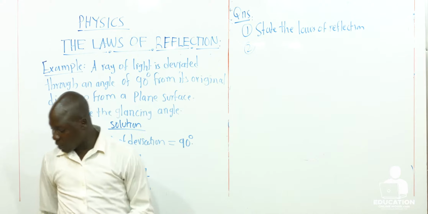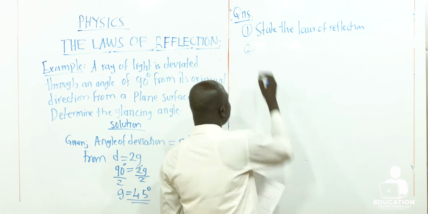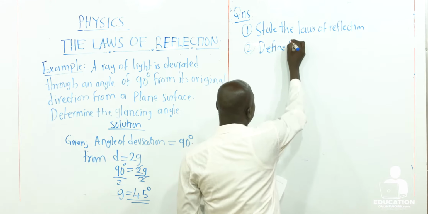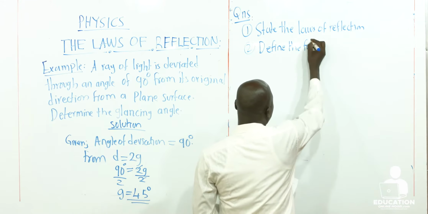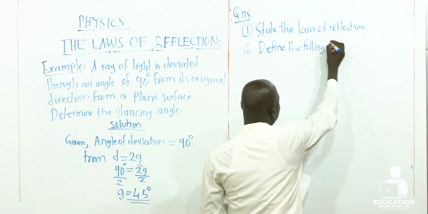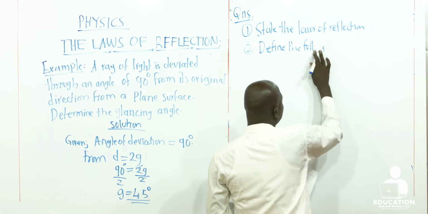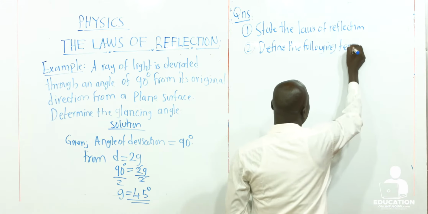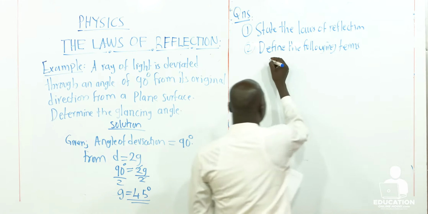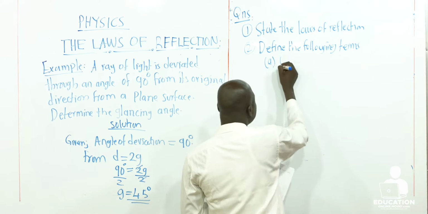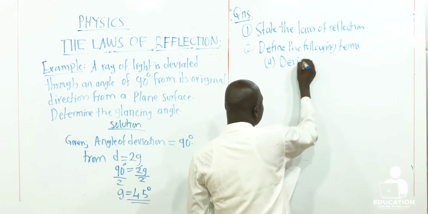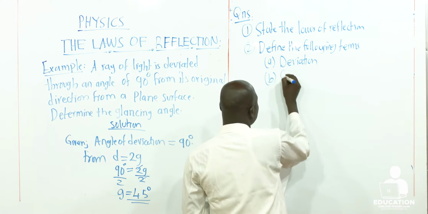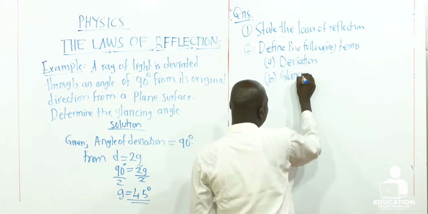Then question 2 can be, define the following terms: A, deviation. Then B, glancing angle.